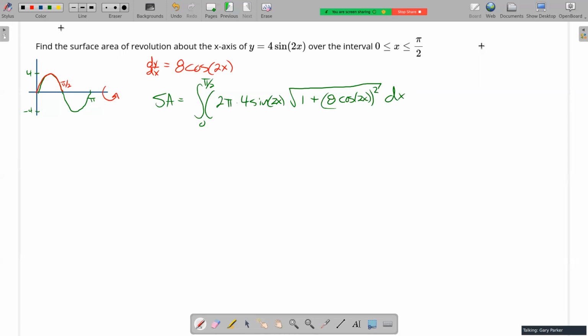All right, so let's see. I think I would like to do a u substitution on this. So let's try u equals 8 cosine of 2x.